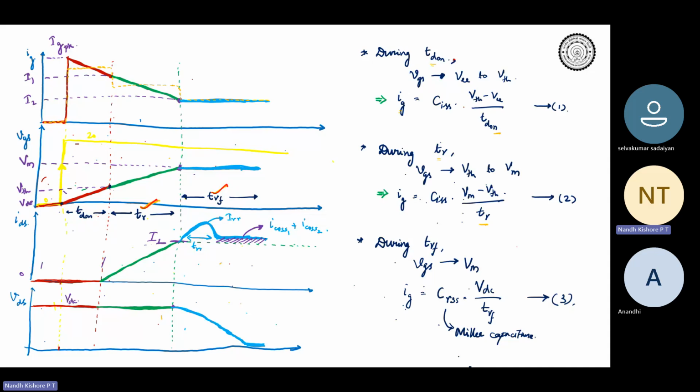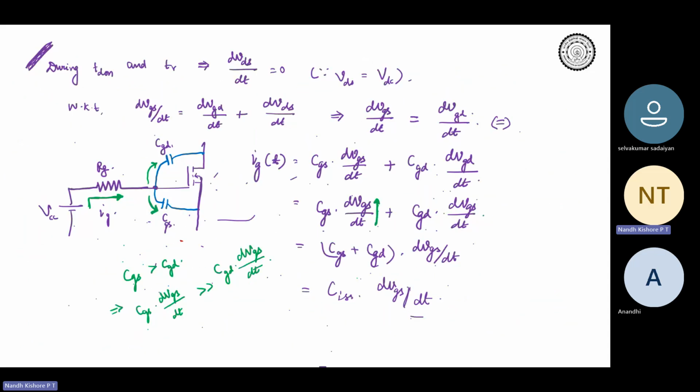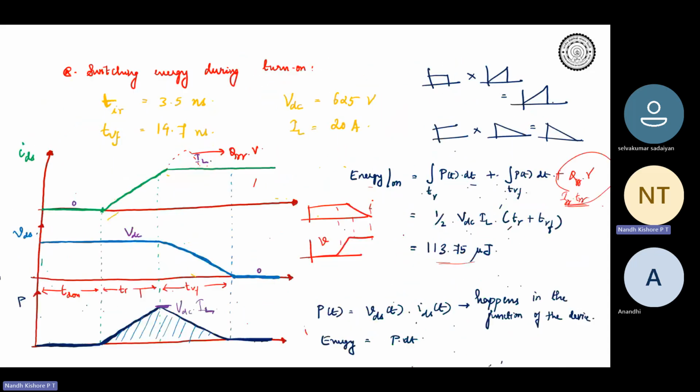Once you derive this, you understand that every time the device turns on and turns off, you will see something like this. First, the current increases during the current rise time. After the current has increased, the antiparallel diode was conducting. After the current has reached the full steady-state value, the voltage VDS will fall.